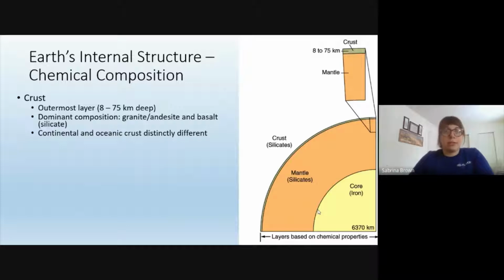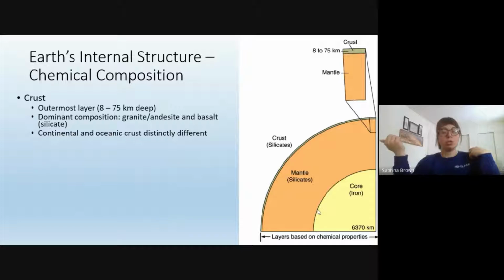And right, we see these at our surface because our crust and our mantle are made up of those, right? And so the crust is dominantly made up of granite, andesite, and basalt. So specifically, our continental crust is made up of those more felsic to intermediate rocks, our granitic and our andesitic rocks.